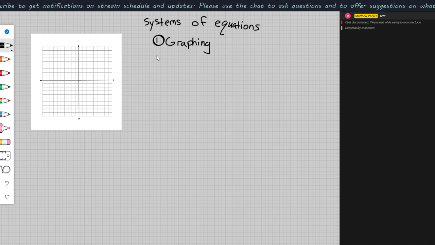The nice thing about Desmos is you don't have to turn it into slope-intercept form. You could just leave it in standard form or point-slope, and just plug it in. If you're using your TI-83 or plotting by hand, though, you need to have it in slope-intercept form. Again, that's only if you're not using Desmos.